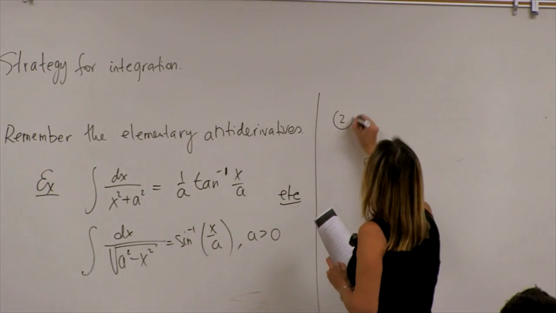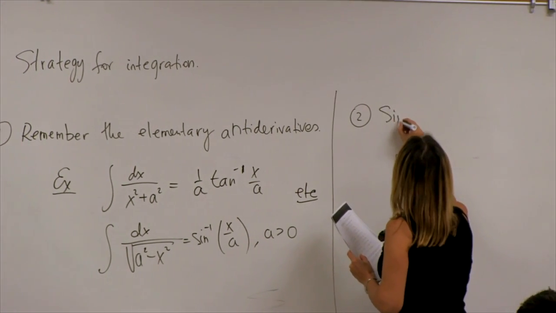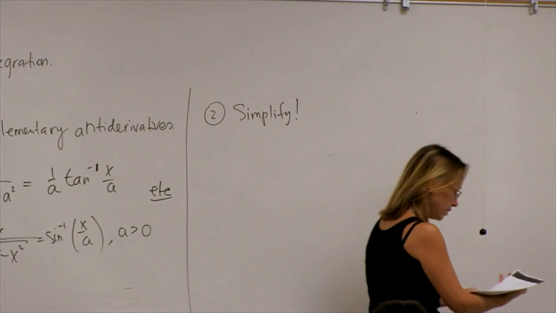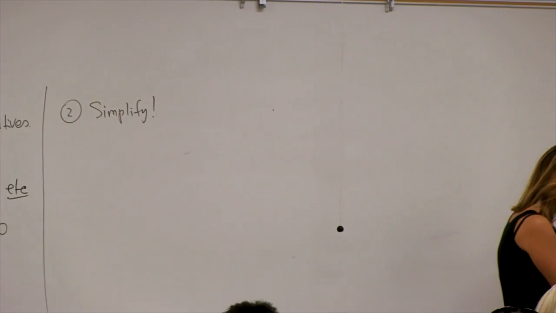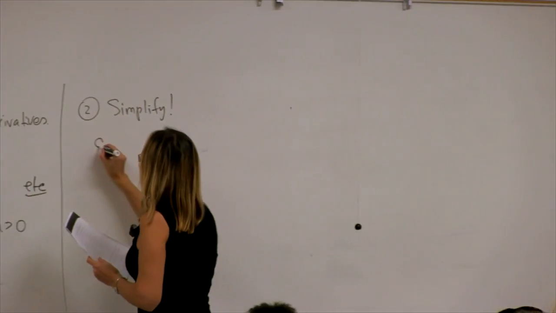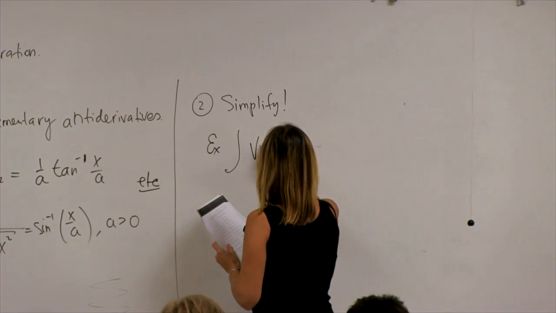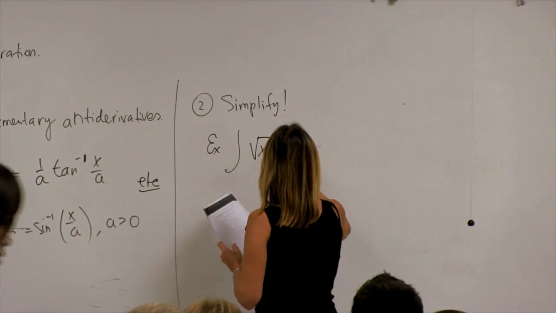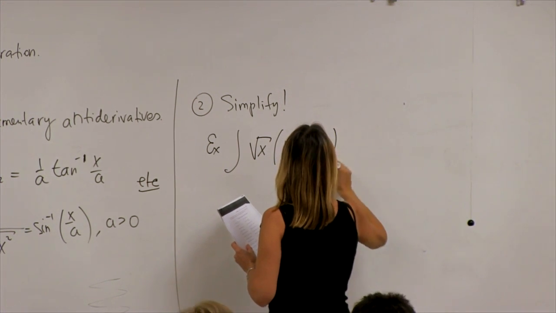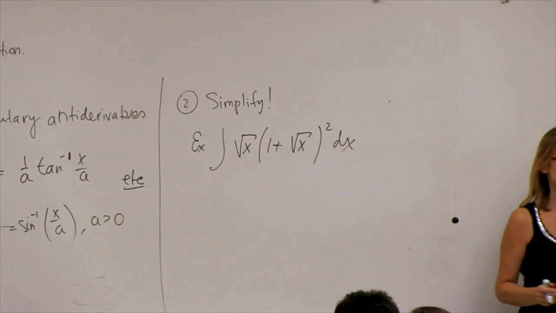Now, technique number 2, simplification. So before you take an integral, try to simplify it as much as possible. So, for example, we can have something like this. So what is the step here?